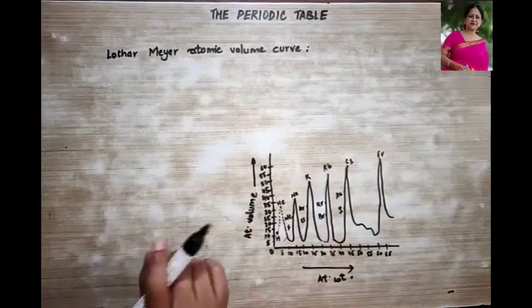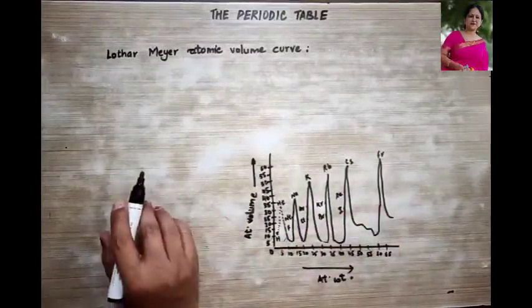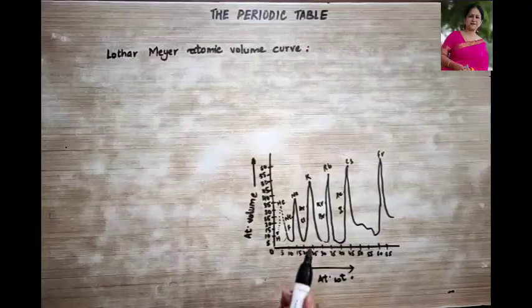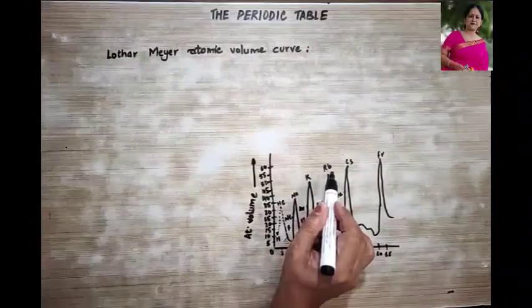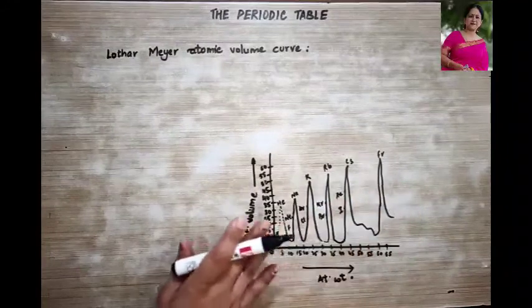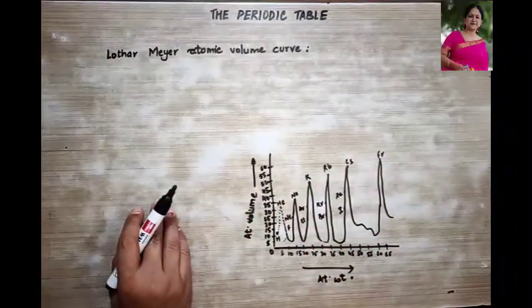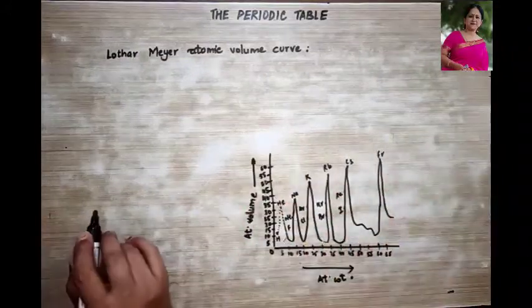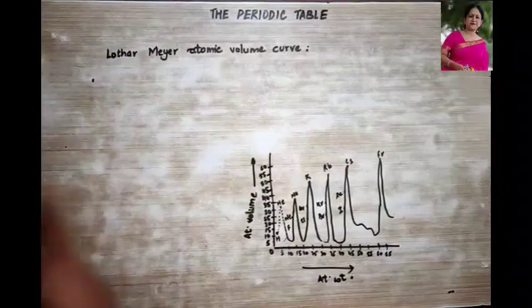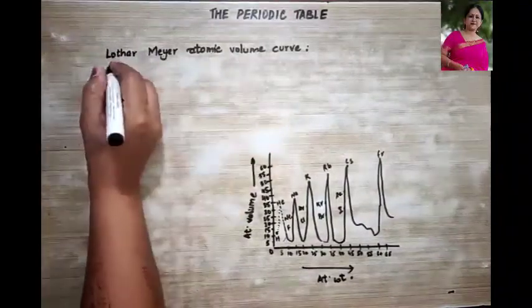And what did he observe, and how did he place the elements over here? If you check the alkali metals, that is sodium, potassium, rubidium, cesium, francium, he placed all of these on the peaks. Why so? Because according to him, they showed similar properties. So the first point about Lothar Meyer's atomic volume curve was what?